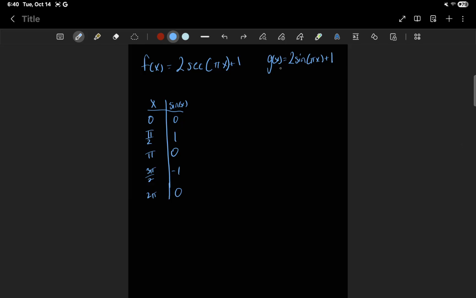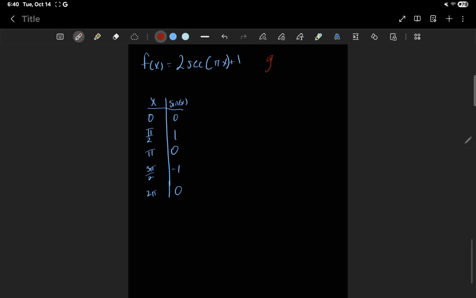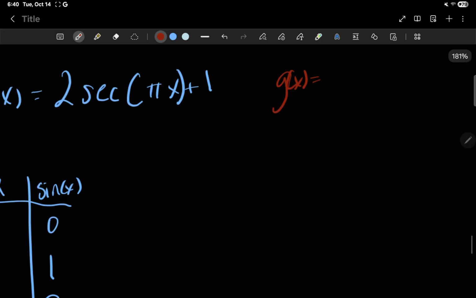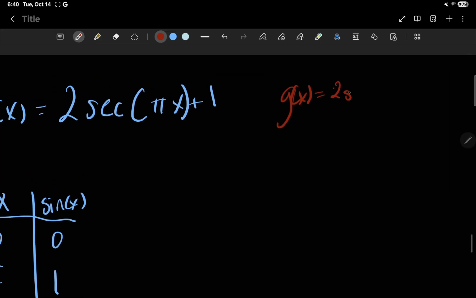So we need to do the same thing to figure out what this graph looks like. So we need to create the table there. So why don't I do that in red? Let me change. So let's see. g of x is equal to 2 sine of pi x plus 1.